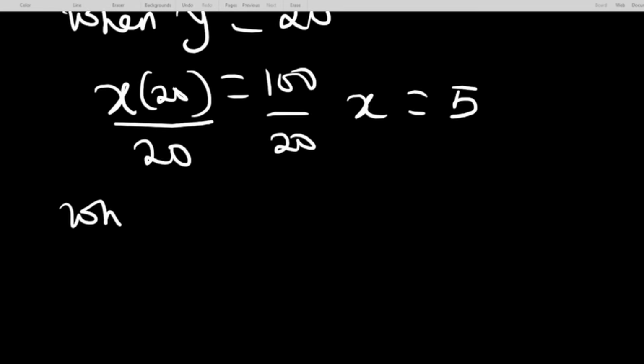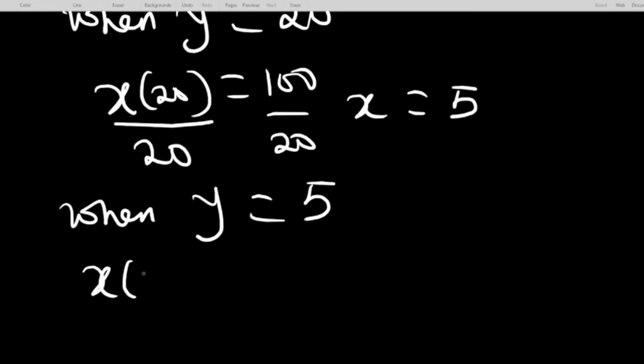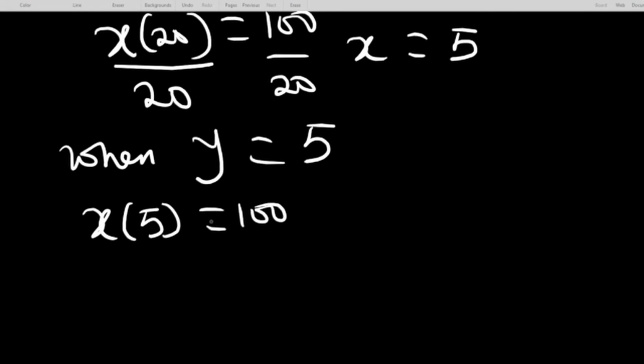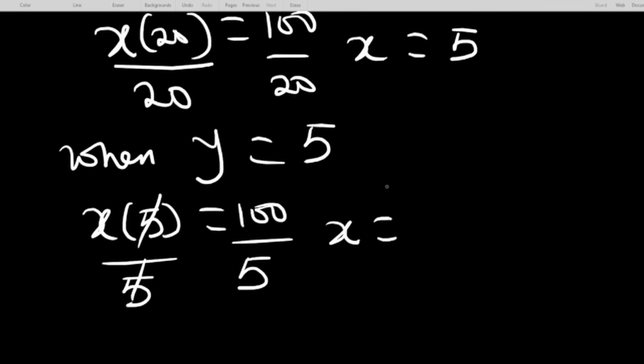So we say when y equals 5. So we also use the same equation 1. We have x multiplied by 5. This is equal to 100. So we divide both sides by 5. So we now have that x equals, we cancel these ones out, 100 divided by 5 is 20.